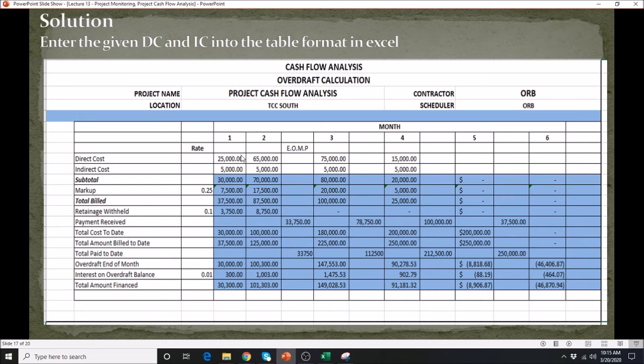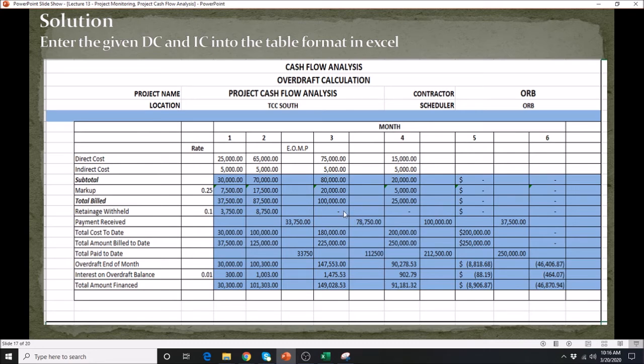We only enter the values of the direct and indirect cost, the markup, retainage, and the interest overdraft. Nothing else. Okay, don't mess up any of these cells here. I warn you again. Okay, so those are the unshaded areas, the ones where you are going to plug in those numbers, and it will automatically calculate those values on the shaded portion.